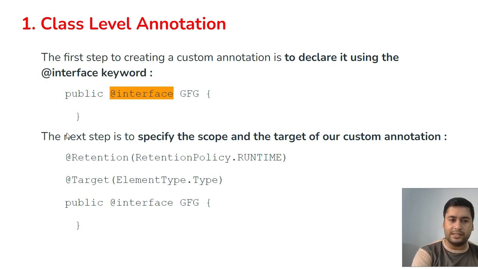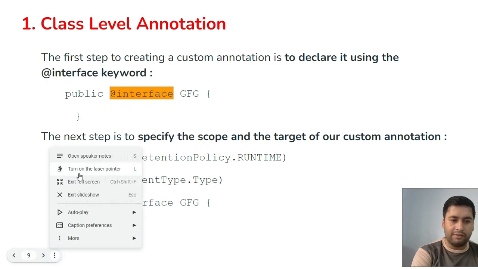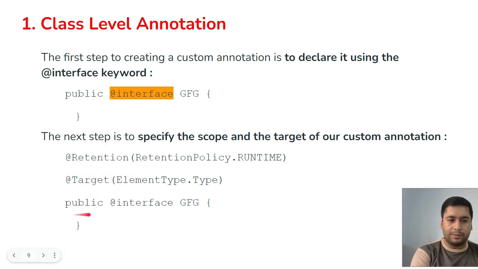The next step is to specify the scope and target of the custom annotation. Here we write public @interface followed by whatever annotation name you want to keep, then open and close curly braces. Inside this you can specify what parameters or data it will accept.